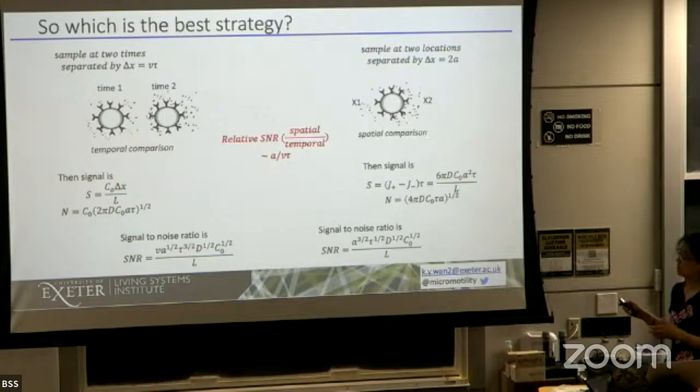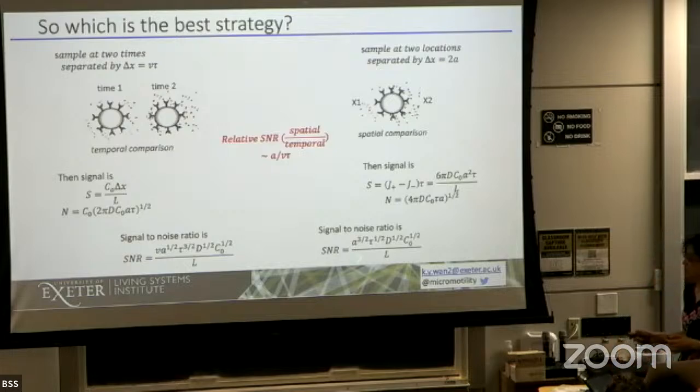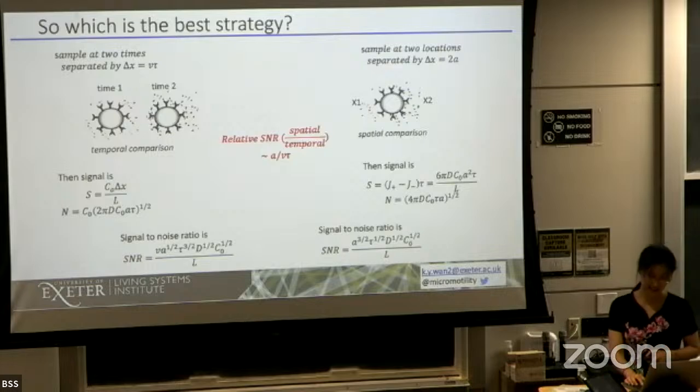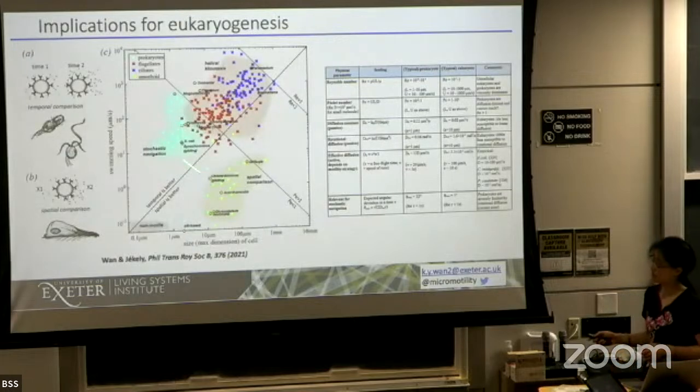Versus in this scenario where you fix time and just measure, for example, the difference between concentrations at the front of the organism versus the back. What drops out, if you calculate the signal-to-noise ratio in each of these contexts, is a ratio of signal-to-noise ratios, which scales as this thing here, which is exactly what I plotted, which separates these two regimes.